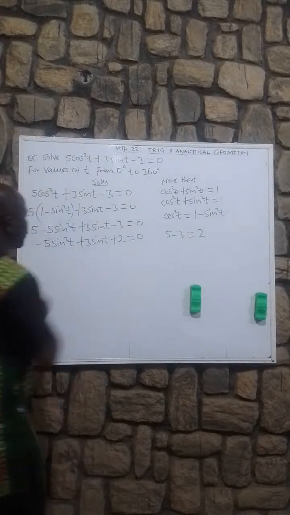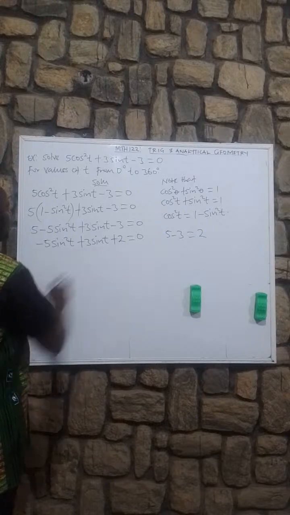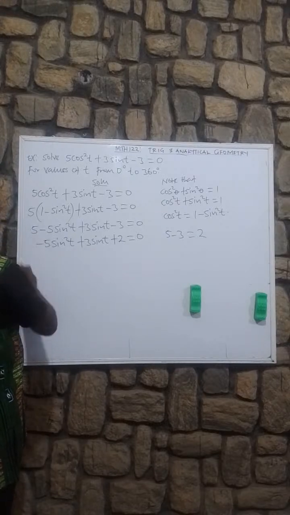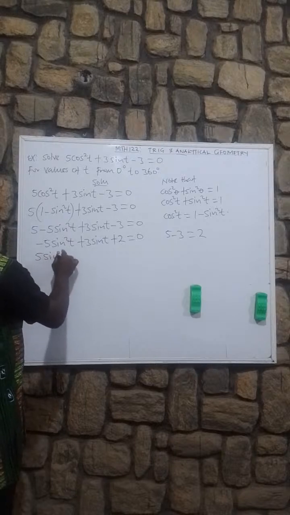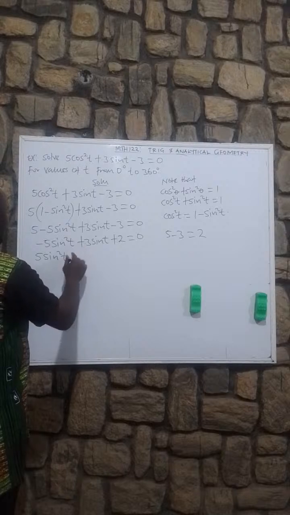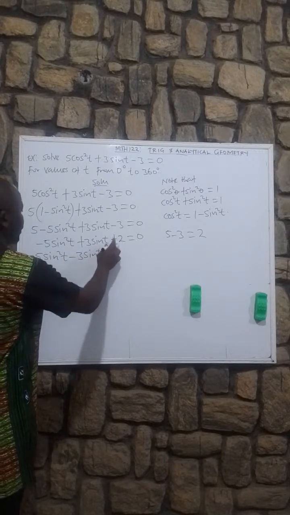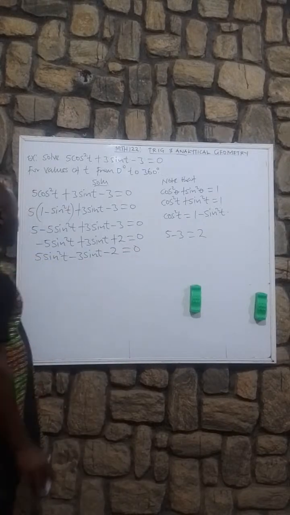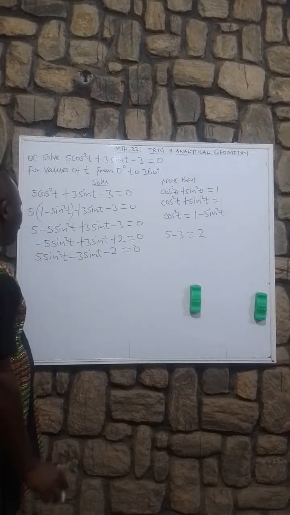So now, what we need to do is use this minus to multiply through. Minus times minus gives plus 5 sine square t, then here will be minus 3 sine t minus 2 equals 0, right? This is a quadratic equation.